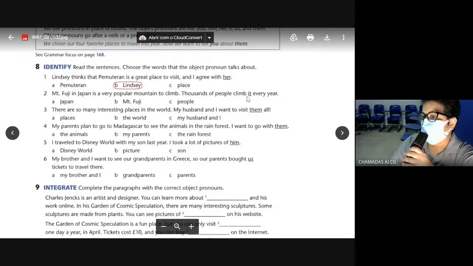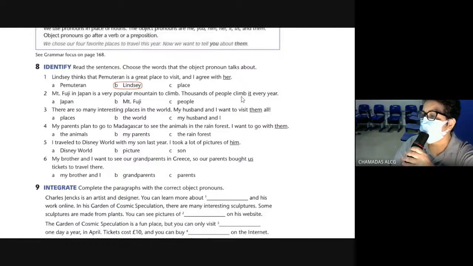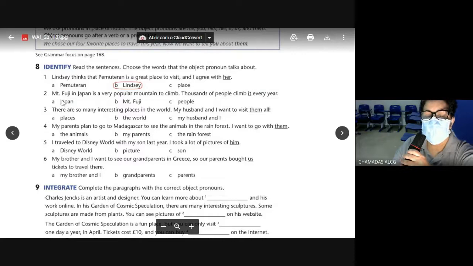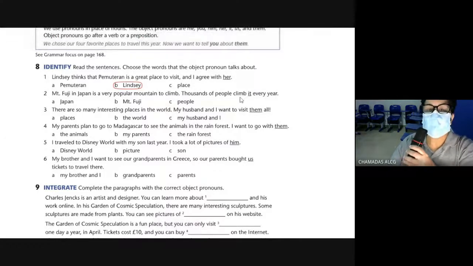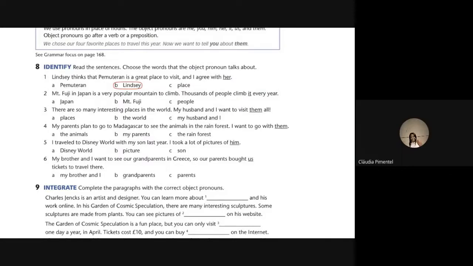Do you think it makes sense if we say that thousands of people climb Japan? What's the meaning of the verb to climb? What's the meaning? Who knows? People.